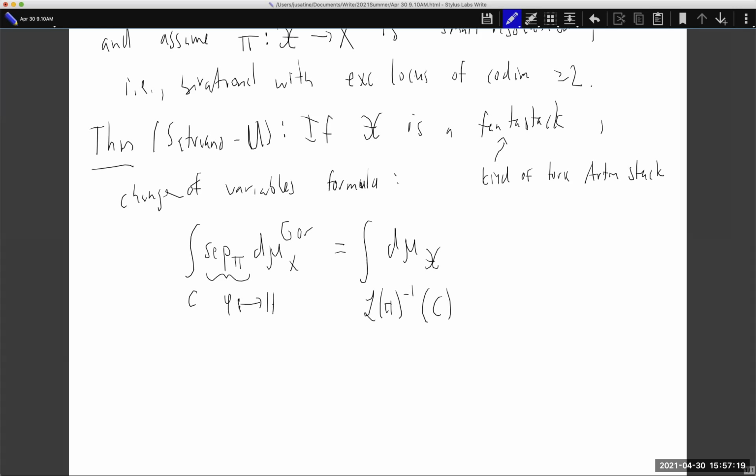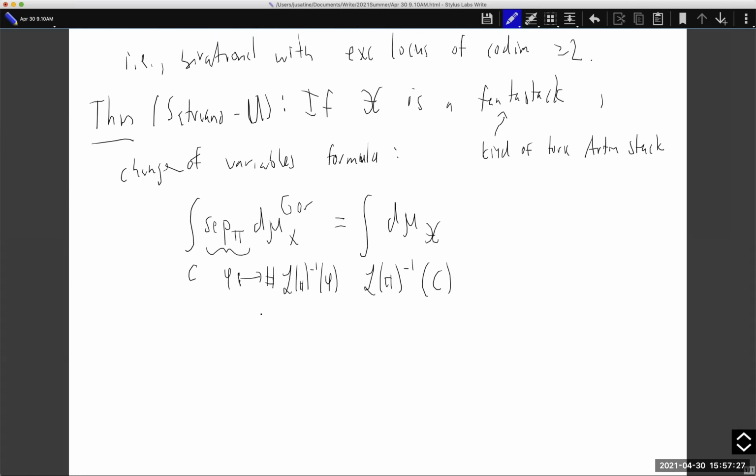It's spitting out the following number. This number could be infinity, but it turns out in this case it's finite, outside of a set of measure 0. It takes this arc and says, okay, look at all of the arcs of the stack living above that arc and count how many there are. And that's going to be some number, and that's the function that we want.